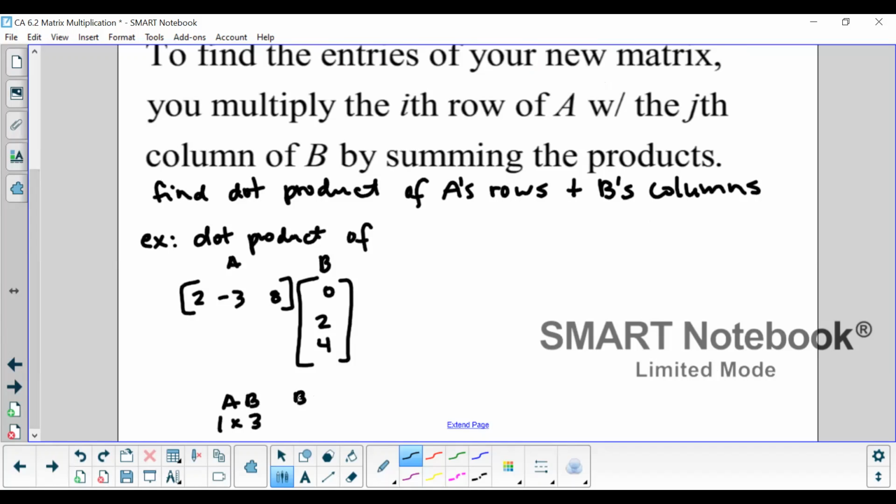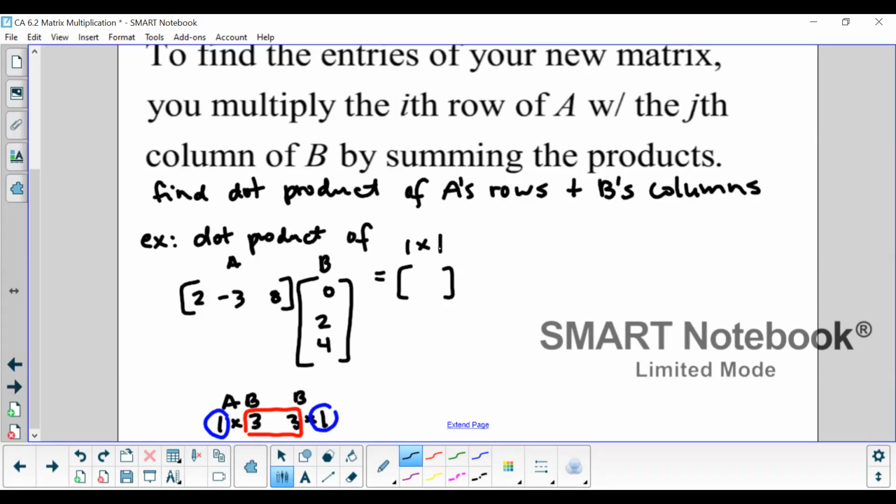And B is 3 by 1. So we check that the columns of the first match the rows of the second, and that's true. 3 columns on the first, 3 rows on the second. And my answer matrix is going to have these dimensions. It's going to be a 1 by 1. So this is going to be one number.